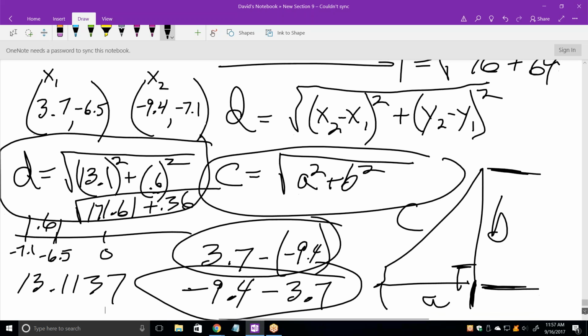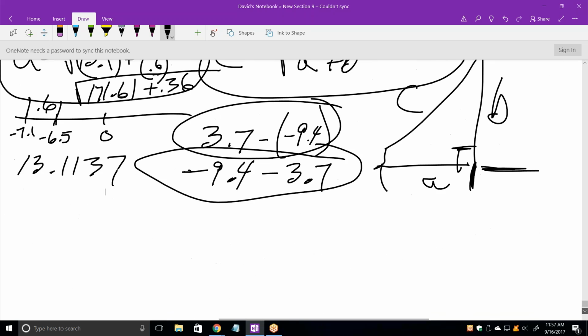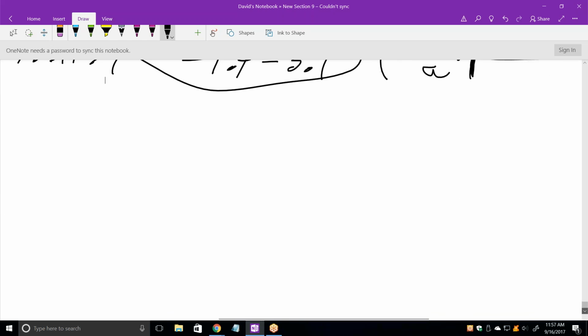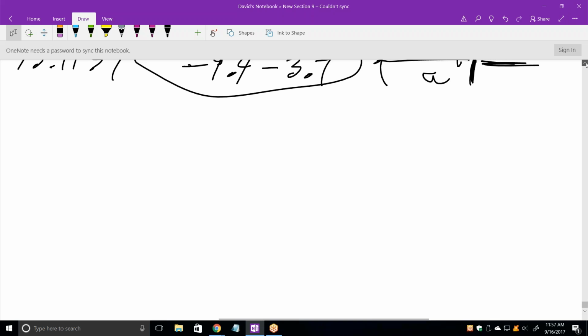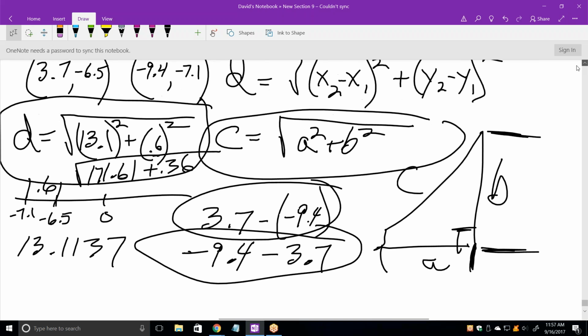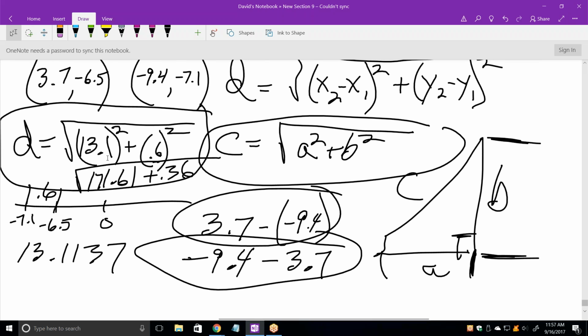Okay. 13.114. Okay. What else we got? Hold on. I think I did something wrong. Uh-oh. Did it not like that number? It did not. Now, let me go back. Hold on. I'm not checking these with a calculator. Let's see. When you squared 13.1, the last digit should be a 1.